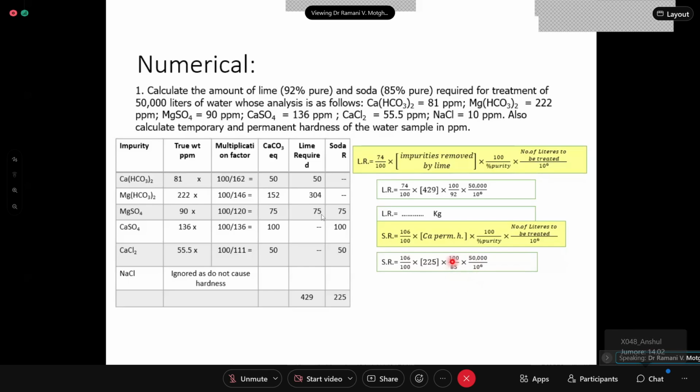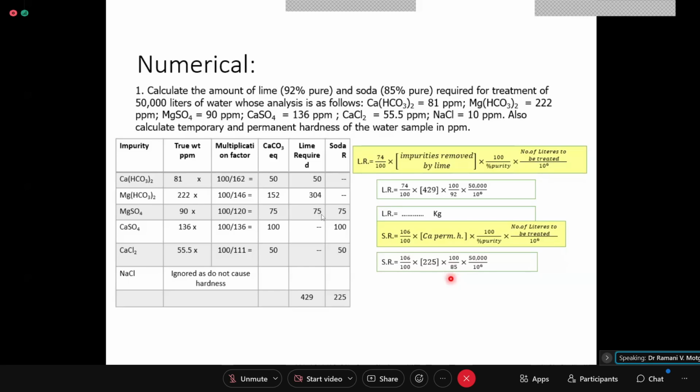That should not be the case. You should definitely think that I have to calculate the quantity of lime required, and because of the impurity, more quantity will be required. So it is always 100 by 85. Okay, so the final answer is yes now.